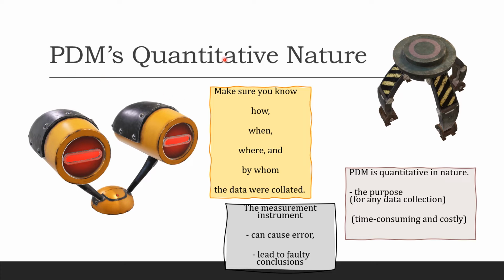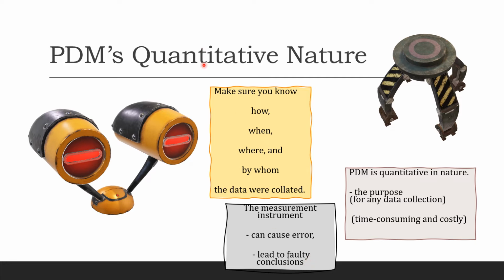Predictive maintenance is totally quantitative in nature, because we always want to make sure that we know how, when, where, and by whom the data are collected. And also the measurement instrument can cause error, so we always monitor the instruments because they can also lead to faulty conclusions.